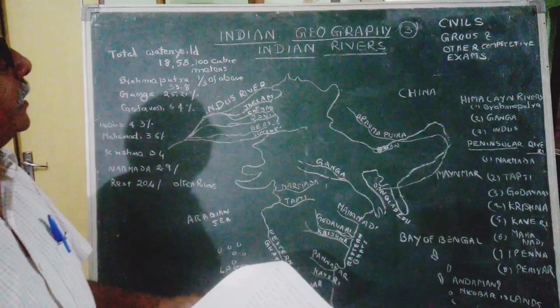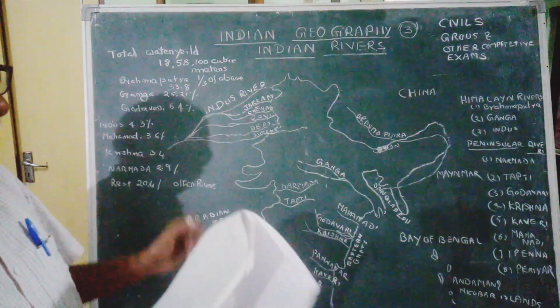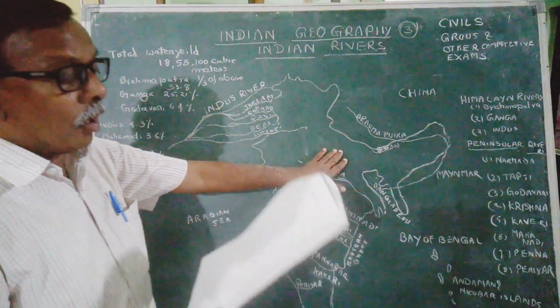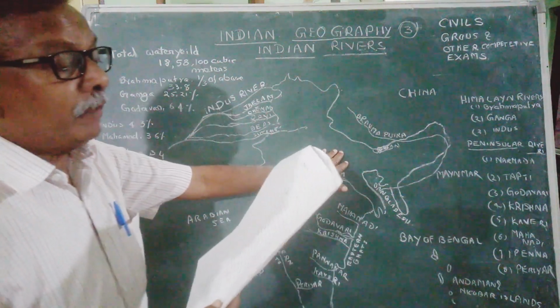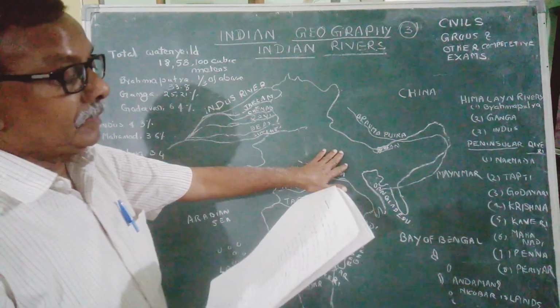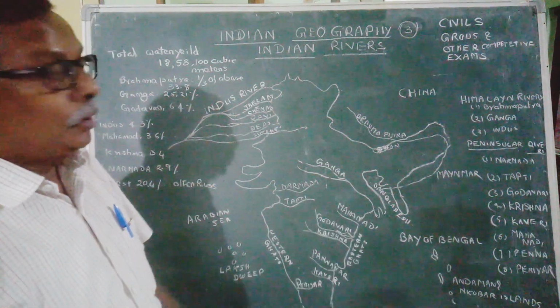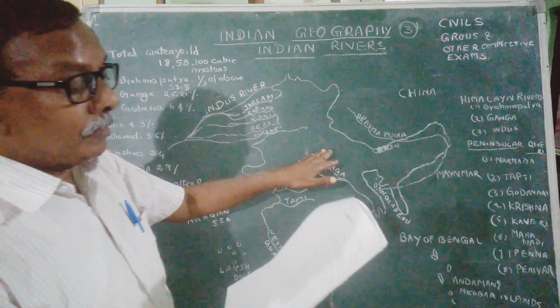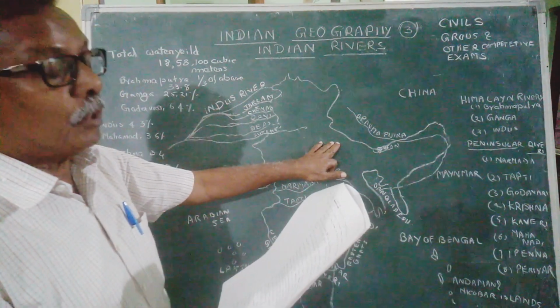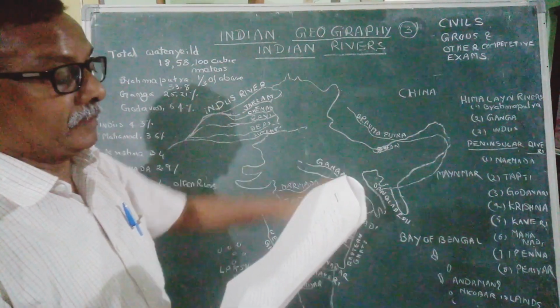and when we look at the Ganga river, the Ganga river occupies about 1/4 of the irrigated land of India. It flows to a distance of 2525 kilometers.